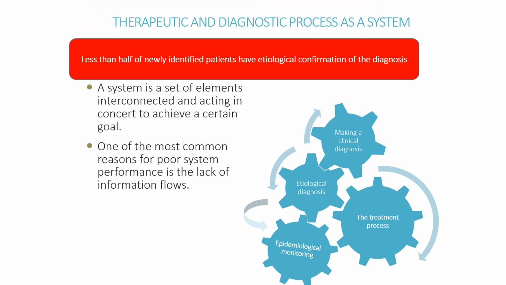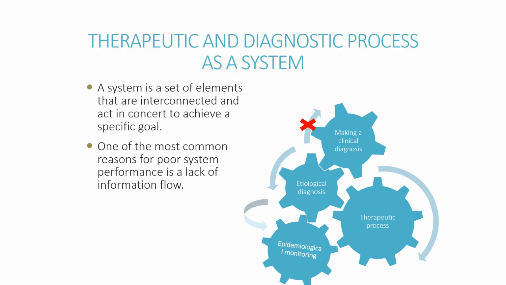Less than half of newly identified patients have etiological confirmation of the diagnosis. The system begins with making a clinical diagnosis, then etiological diagnosis and epidemiological monitoring, and then the therapeutic process.